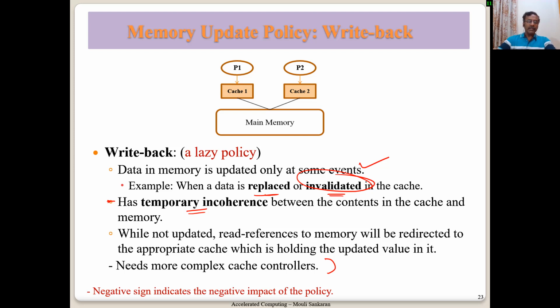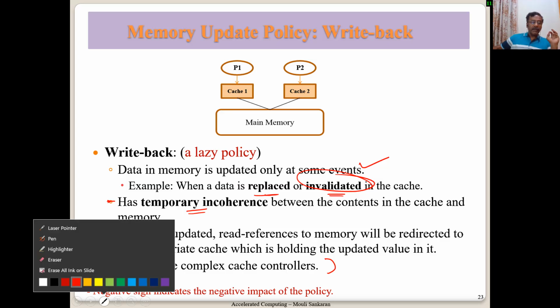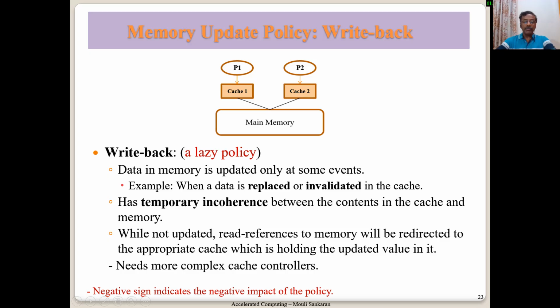Now suppose this core has written something into its copy of it, and the value is also copied here and here. While the memory is not yet updated because you are using a write back policy, the updated value is here, not in the main memory.